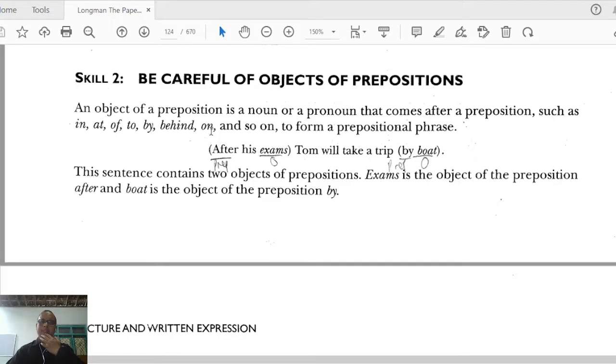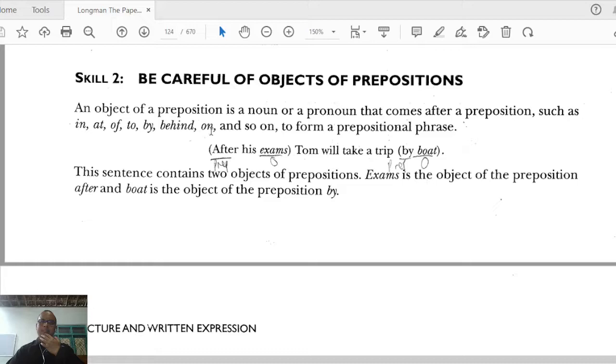And then we have here this sentence contains 2 objects of preposition. After his exam, Tom will take a trip by boat. Yeah, preposition, object, preposition, object.